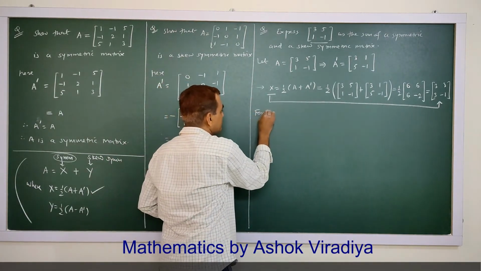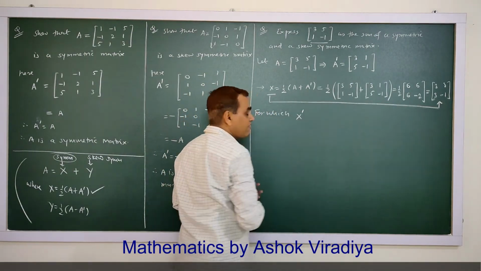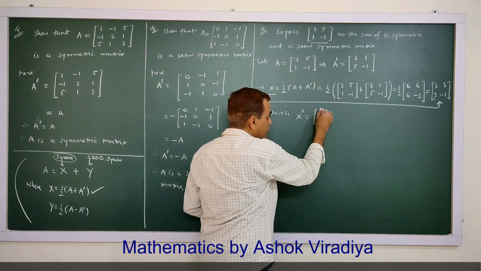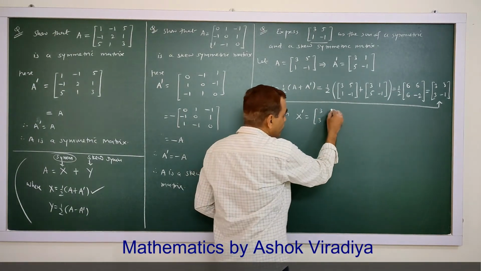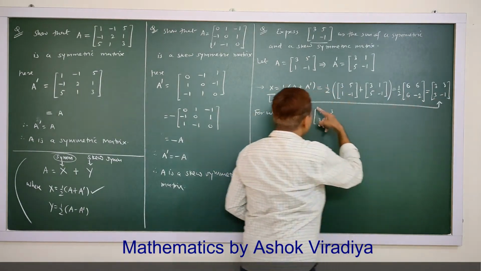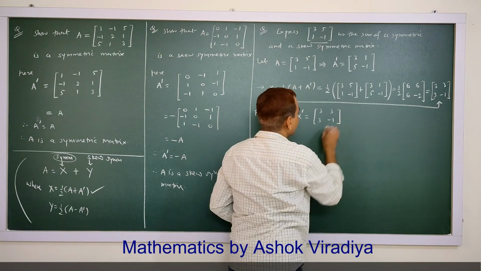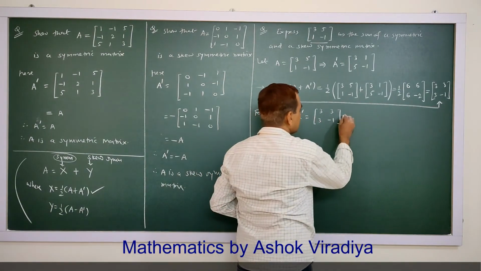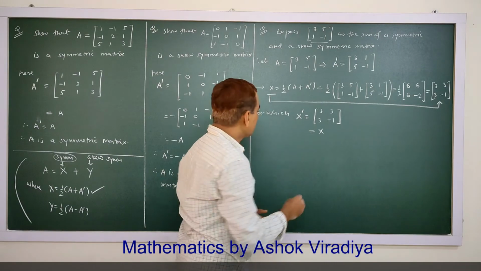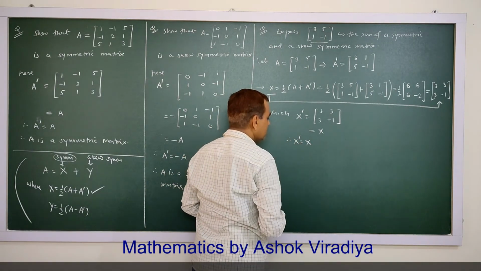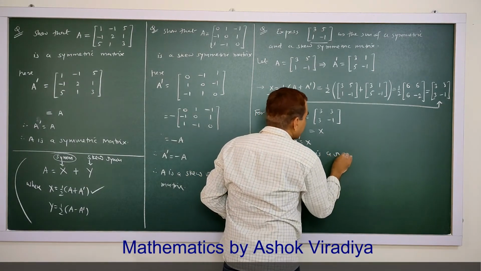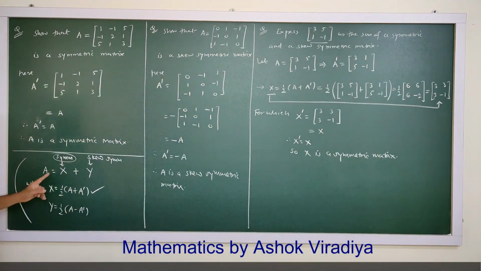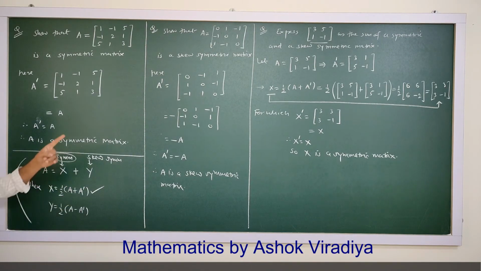So we find X dash: first row is first column, second row is second column, and look, this is X. X dash is equal to X. Therefore, X is a symmetric matrix.